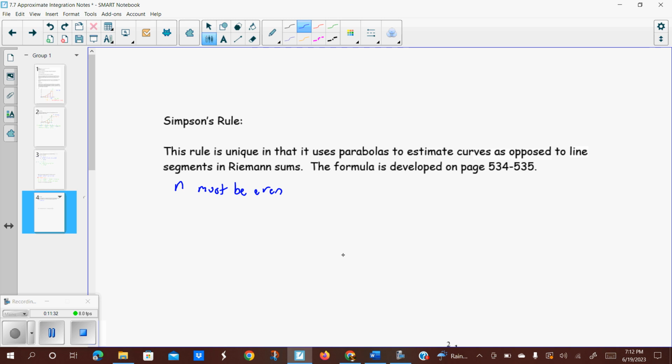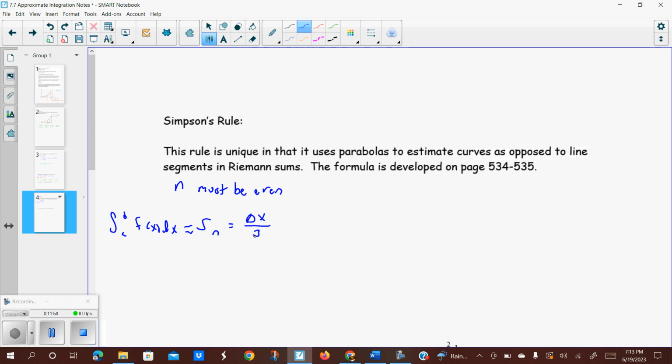Simpson's rule says, if I take the integral from a to b of some function, that's going to be approximately, the notation is S sub n, Simpson's rule of n partitions. That is equal to delta x, which can still be found the same way as before, divided by 3.